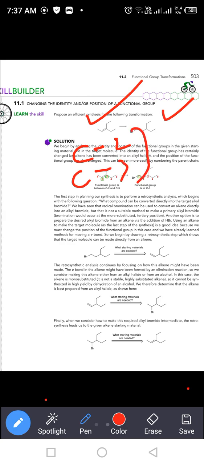And when the alkyl halide is made in the product, the functional group is at carbon number 1, C1.